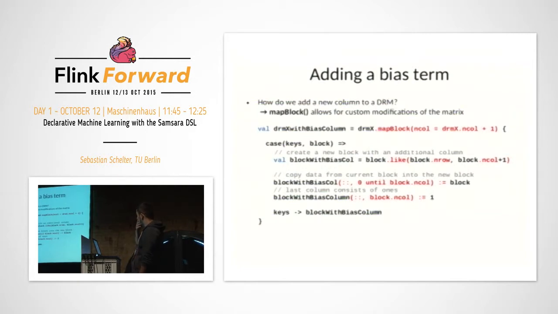We would copy the old data into this new block and make the last column of this internal block just consist of 1s. And then we return this. So with that, we can easily use user-defined functions to do complicated things on matrices that live in the main memory. And that would be it. And I think other features are also very, very simple to implement in Samsara.